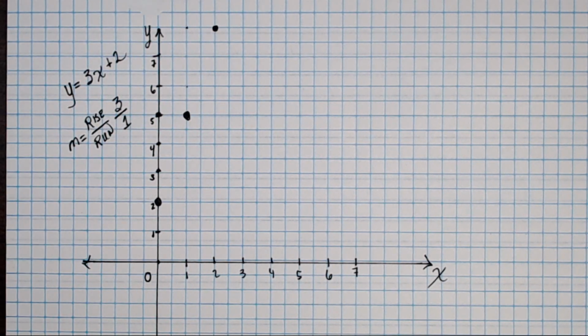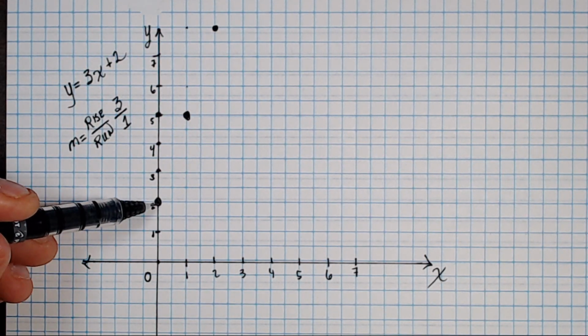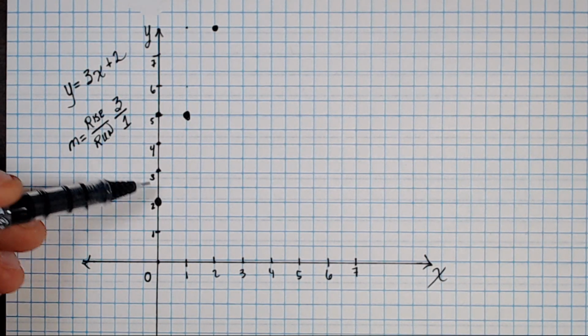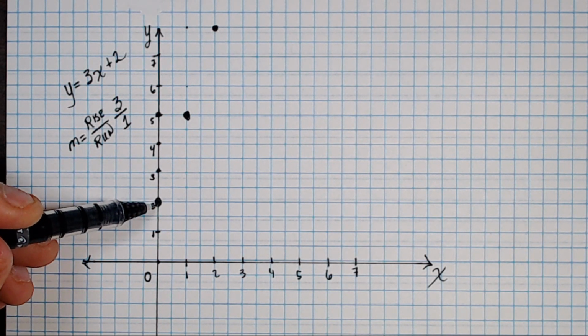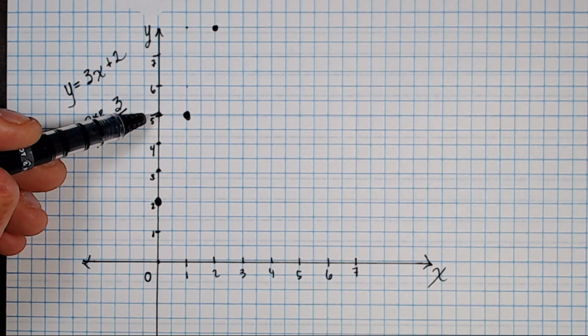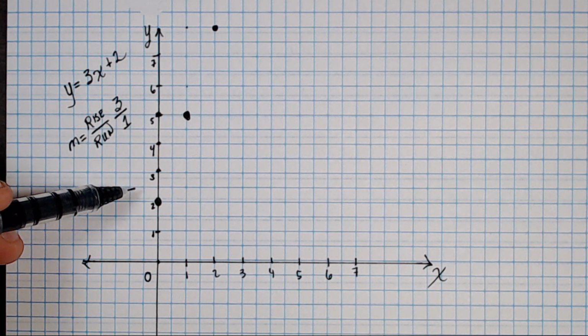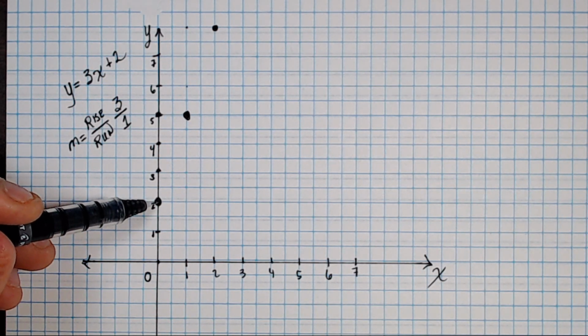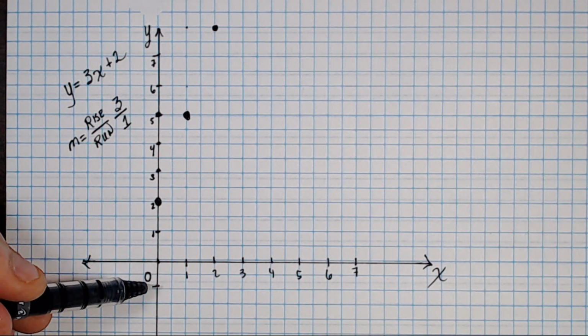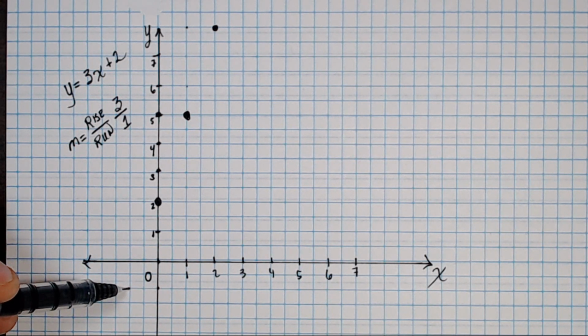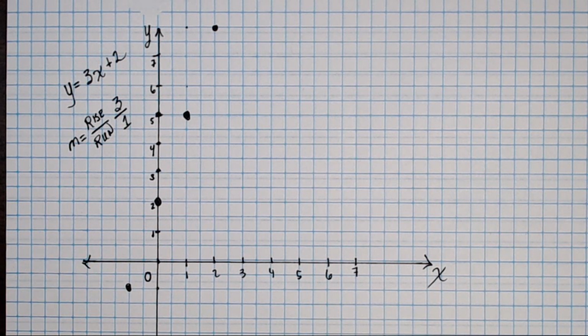And I'll just show you another way. Sometimes you run out of space, so you have to kind of do reverse plotting. Instead of going up 3, over 1 to the right, the same thing can be accomplished by going down 3 and over 1 to the left. I'll just prove something to you.